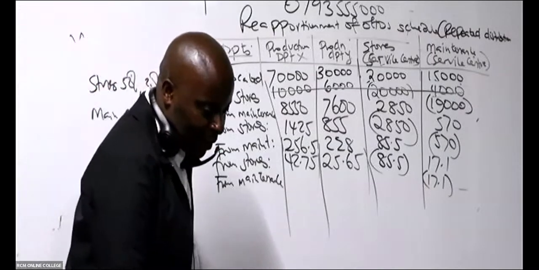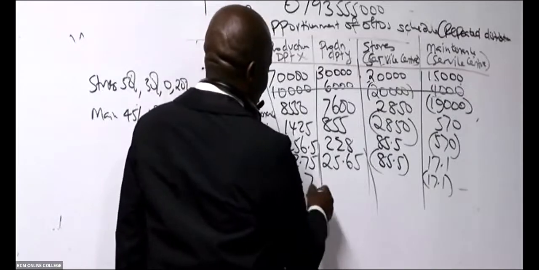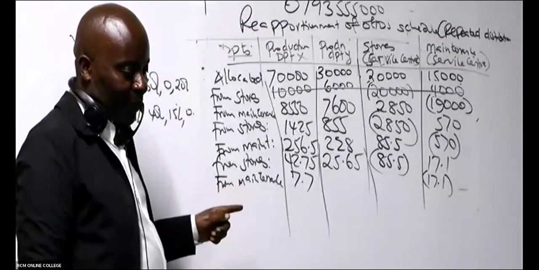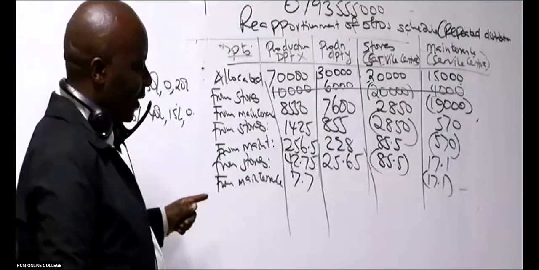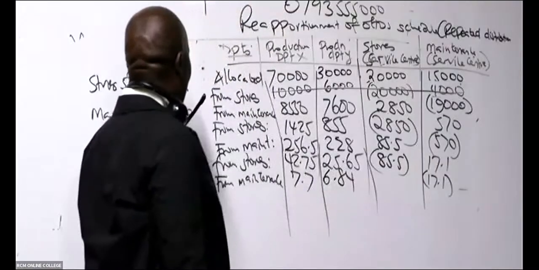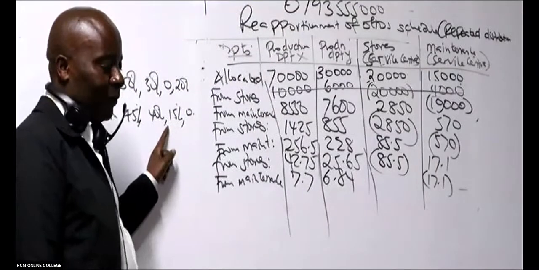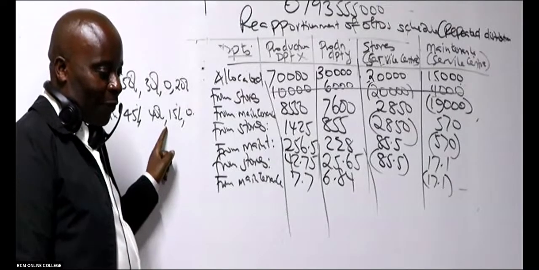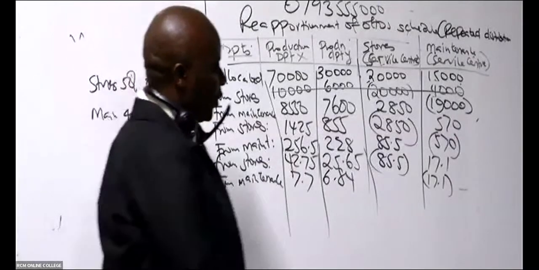The first one is 7.7. Thank you so much. And then we have 40%, 6.84. And then we have, ladies and gentlemen, 15%, 2.57. Have we finished?